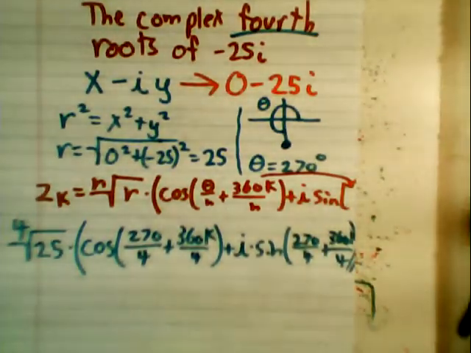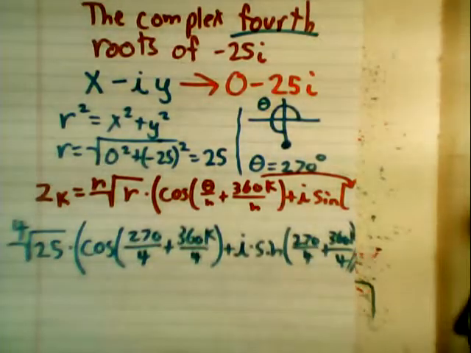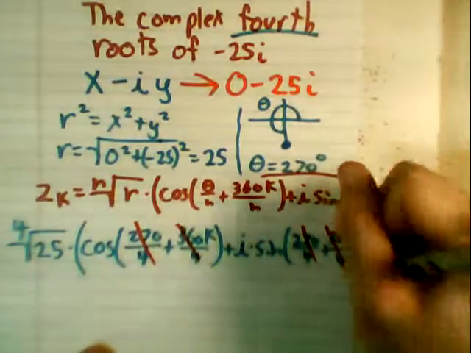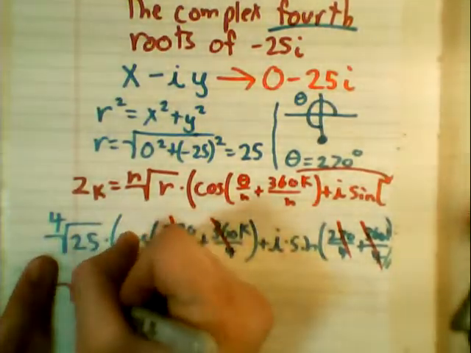Okay, so now we can pretty much reduce all of these. Additionally, the fourth root of 25 reduces and becomes the square root of 5.